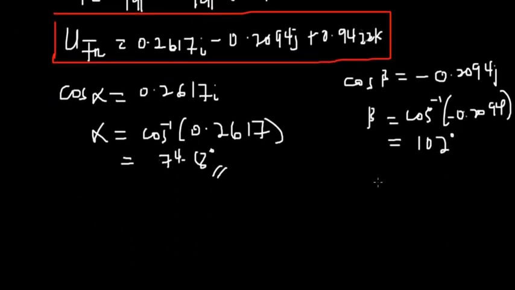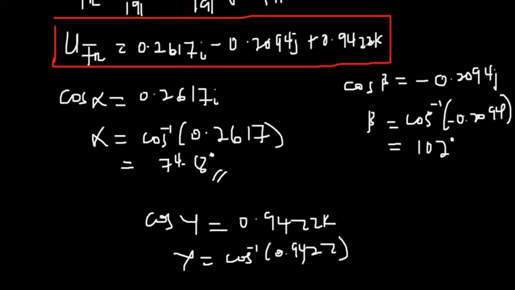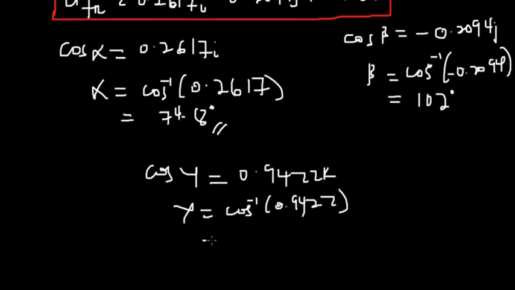And then when you compute gamma, which is 0.9422, we have cos inverse of 0.9422, and you end up with gamma being 19.6 degrees.